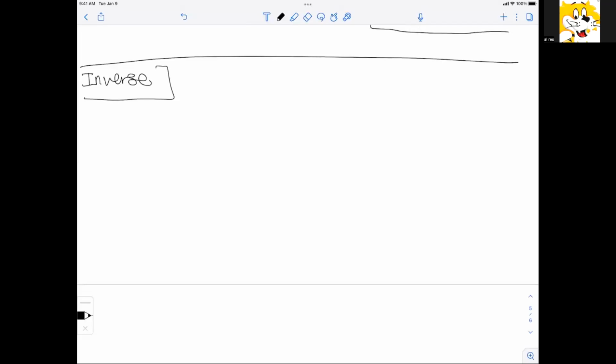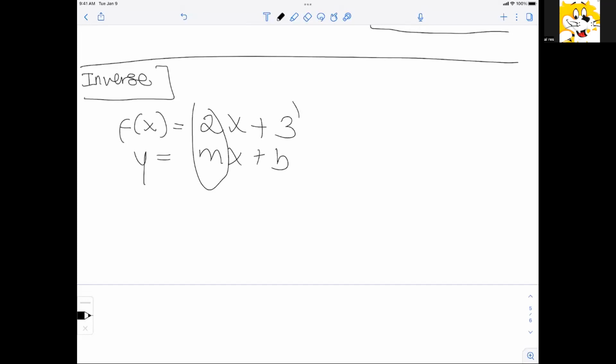Good question. So let's take a look at a line. Is this a line? Does it have the characteristics of a line? Sure it does. This is a linear equation, a linear function.